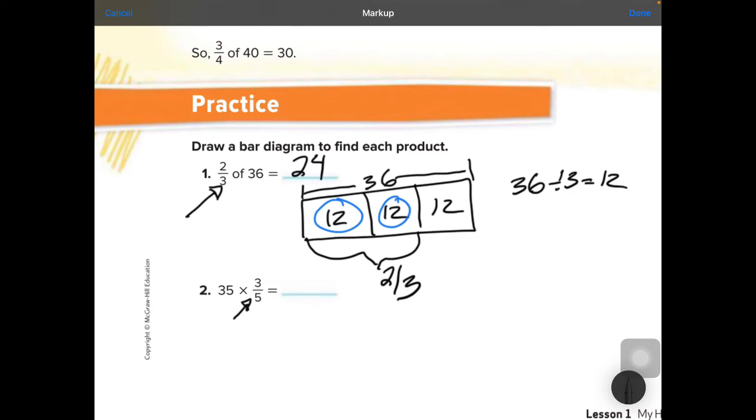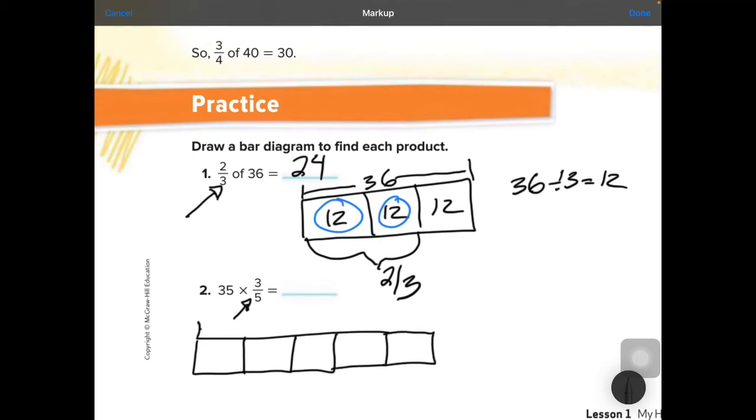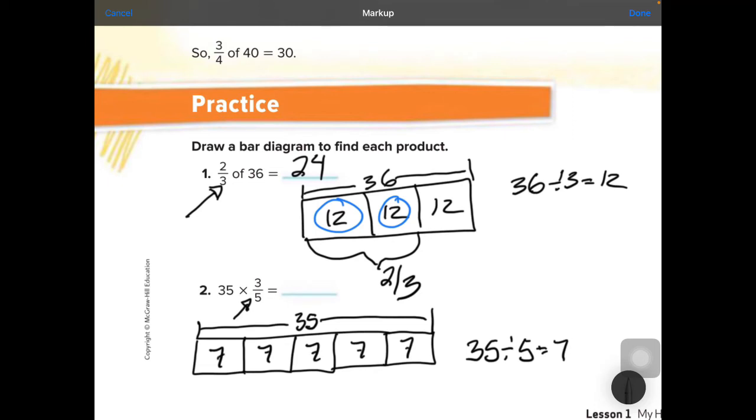Okay, number 2. Our denominator is 5, so we have to draw a box with 5 squares. 1, 2, 3, 4, 5. And the whole thing is going to equal 35. So we have 35 divided by 5 equals 7. So there's going to be a 7 in each of these.